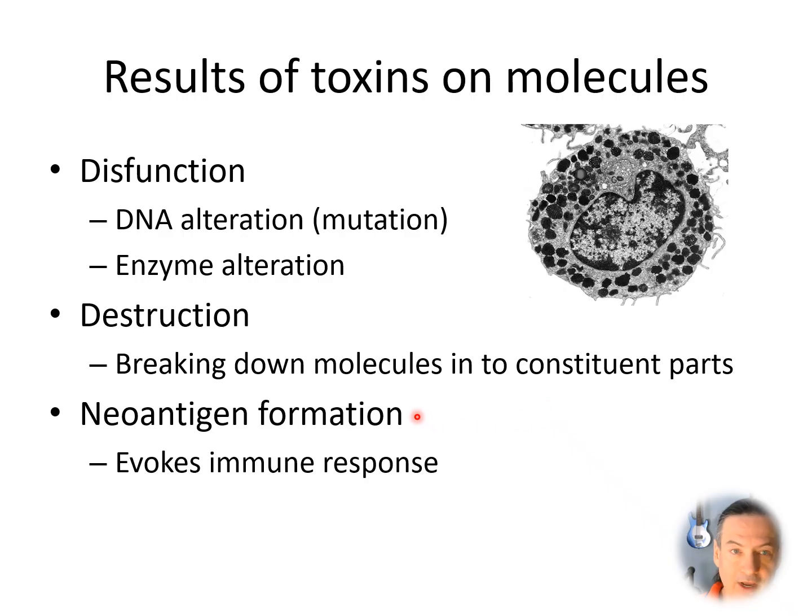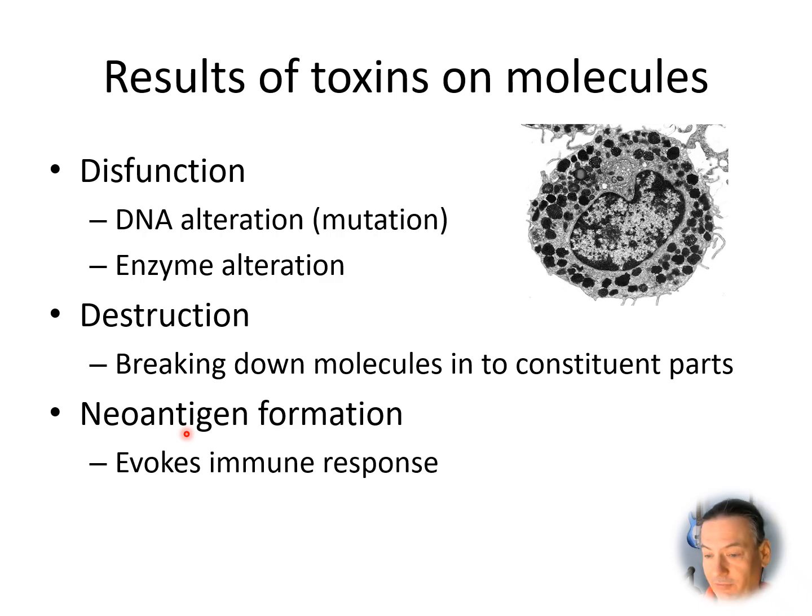Now, the last way that we're usually going to have interactions is neoantigens. Neo is always going to be new. Antigen is going to be associated with your immune response. So something acting like an antibody or creating a foreign protein that causes your body to attack itself. Think allergies. Think sensitization.